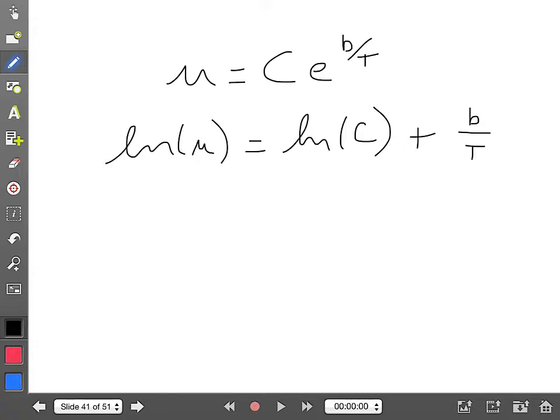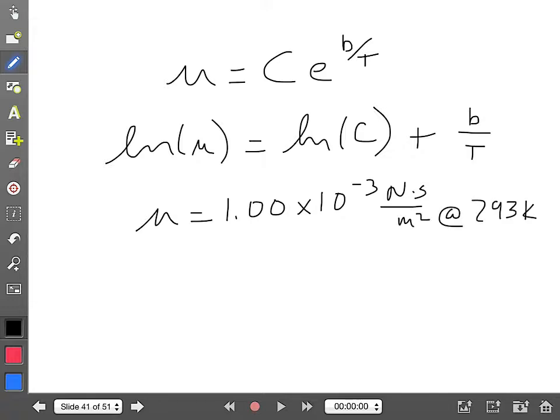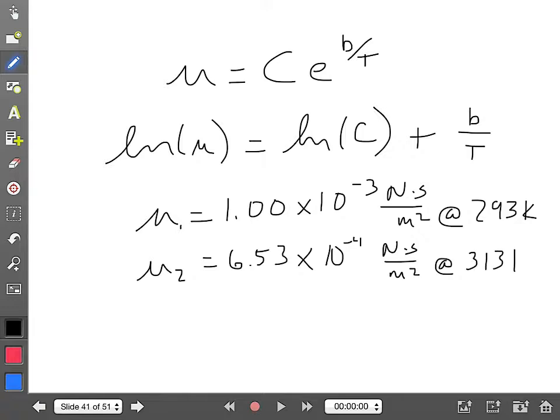And what you can do then is, if you know the viscosity at two temperatures, let's say we knew the viscosity of water was 1.00 times 10 to the minus 3 Newton seconds per meter squared at 293 Kelvin, and we'll call that mu1, and mu2 was 6.53 times 10 to the minus 4 Newton seconds per meter squared at 313, these come from table A5, then we could plug these values in for these two, and subtract them, which would eliminate C, and we could solve for B.